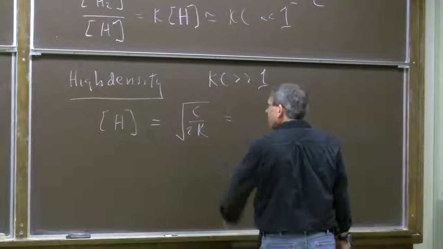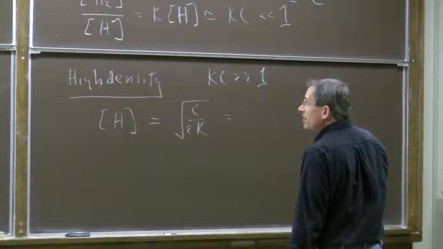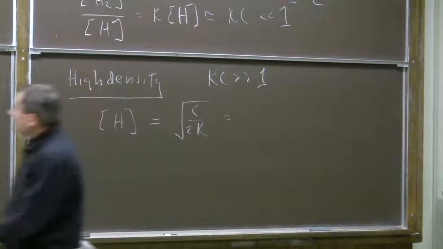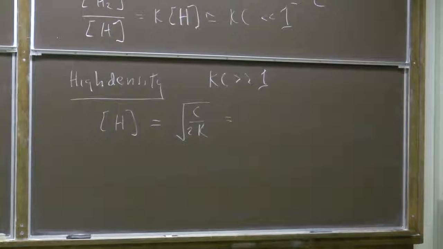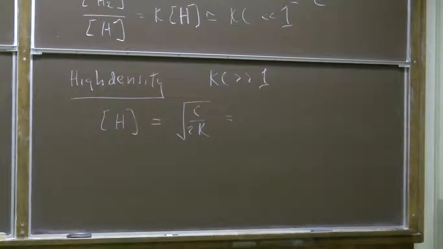And that makes sense now, because in the high density limit, which corresponds to low temperature, almost all of the protons are going to be tied up in the hydrogen molecules.